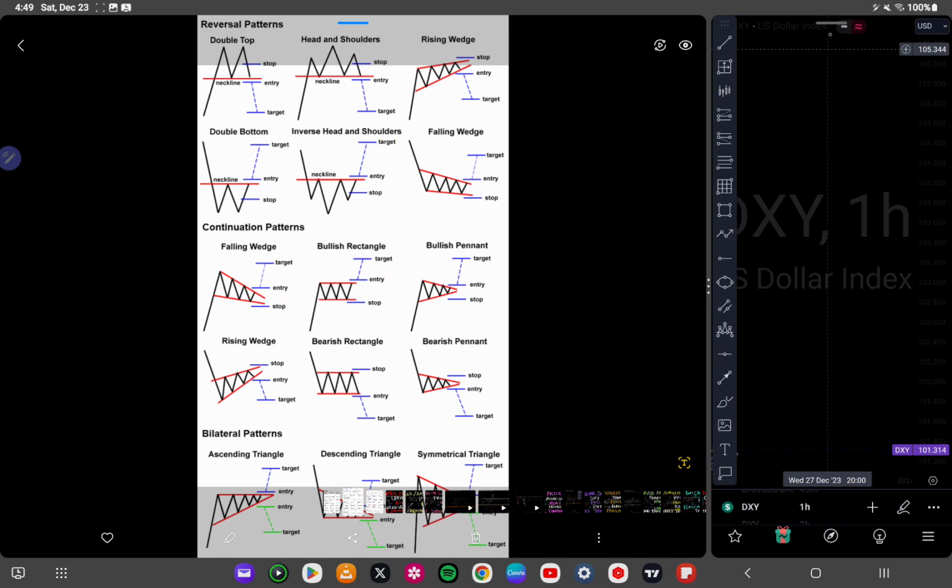Then we have another one called the rising wedge. A rising wedge is also a reversal pattern, because we can see it pushes to the upside, right? Then it's giving us some sort of correction like this.